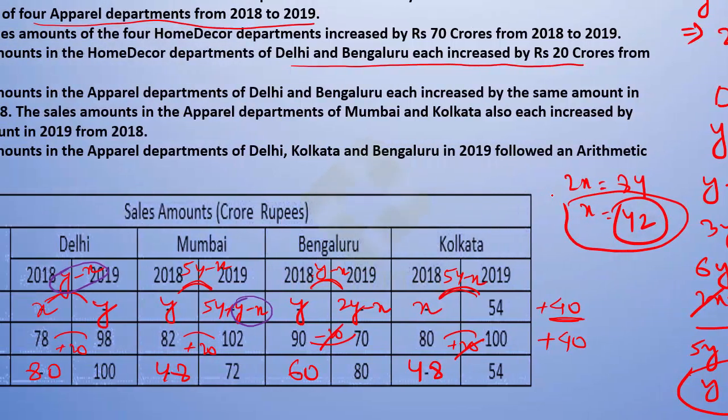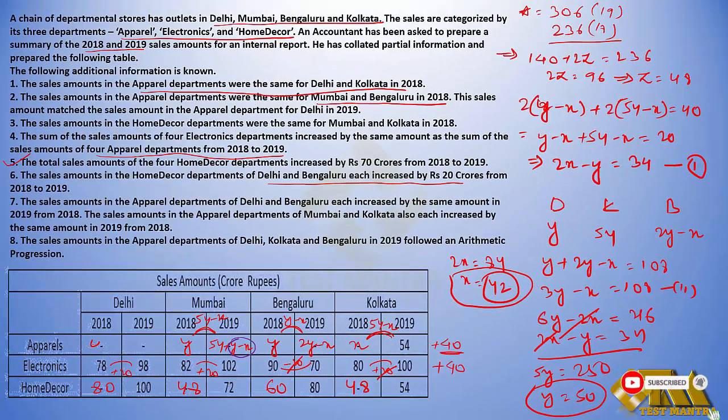I can insert these values here to find out the exact combination, right? So I'll just remove these now. So according to this, x value is 42, y is 50, then this figure will be 50, this figure is 54 plus 8, 62. We are aware of the other figures.